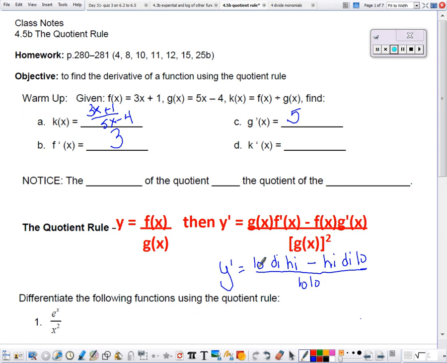So low d high, which is derivative of the numerator, minus high, the numerator, d low, derivative of the denominator, all over the denominator squared. So you can choose whichever way you like to remember the quotient rule.